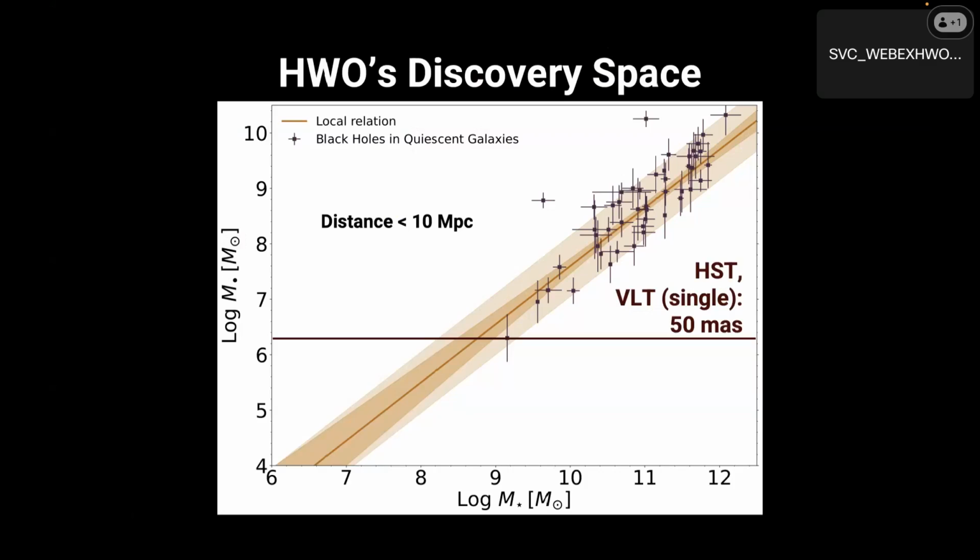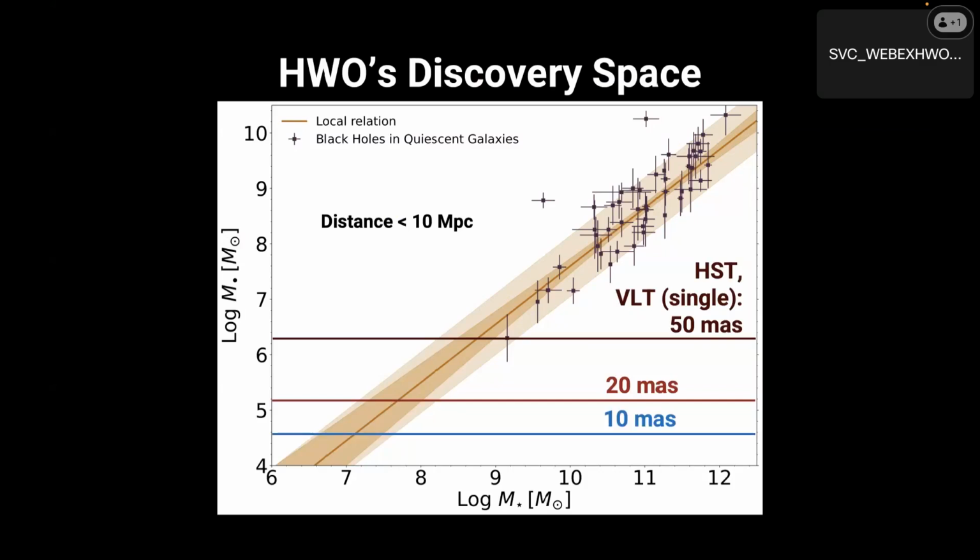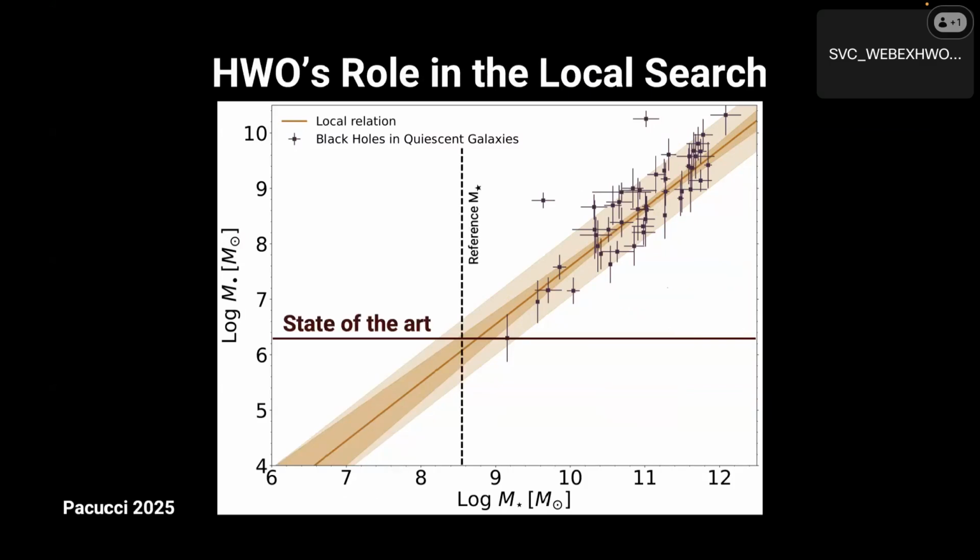Right now, with HST, for example, in a single configuration, we have a typical angular resolution of 50 milliarcseconds, but with HWO at a distance lower than 10 megaparsecs, with 20 milliarcseconds or even better, 10 milliarcseconds, we can really probe dwarf galaxies where seeding mechanisms have a very important imprint.